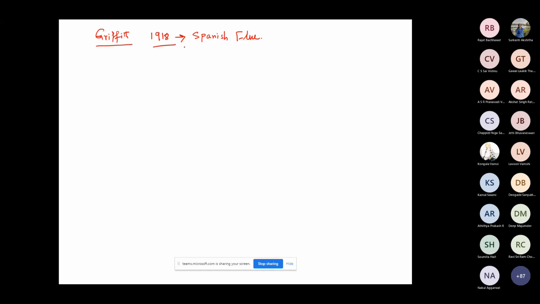During that time, across the globe, many scientists were trying to discover a vaccine, because not only because of the Spanish flu, many people got sick and then got infected by another bacteria. This is called secondary infection.